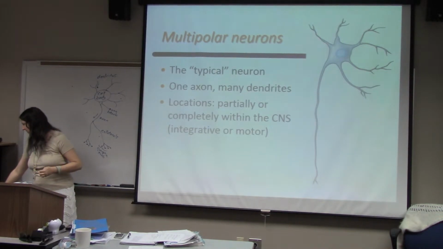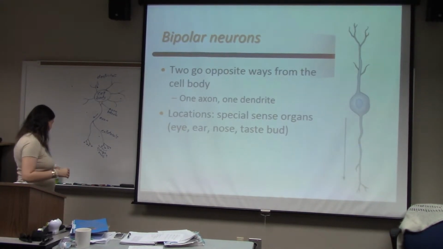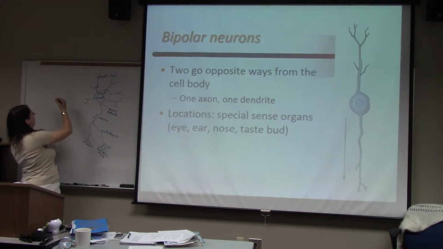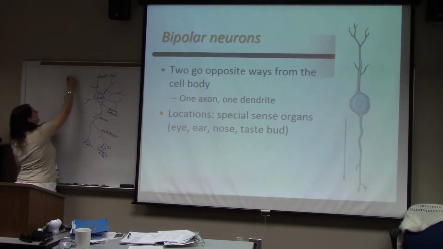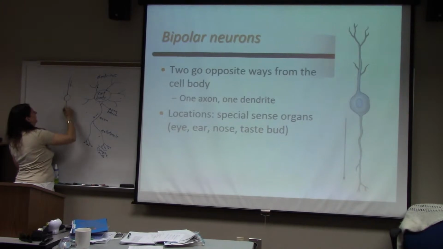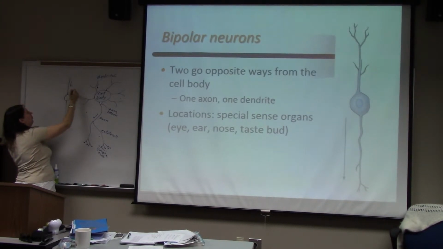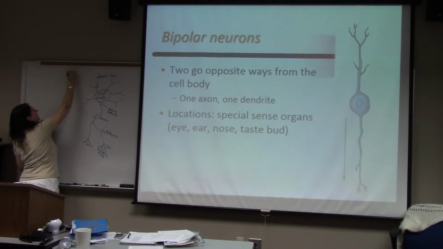Bipolar neurons have one axon and one dendrite.